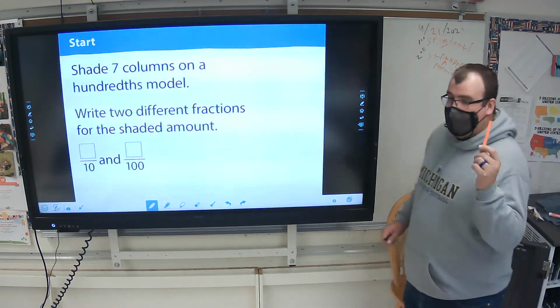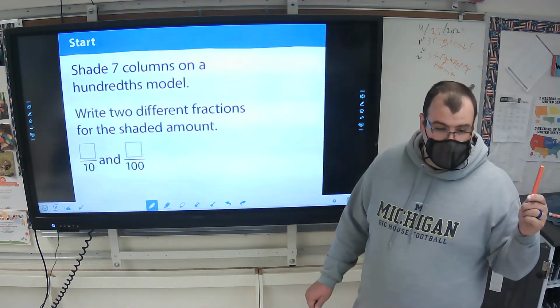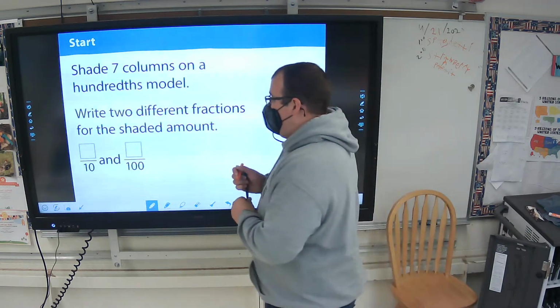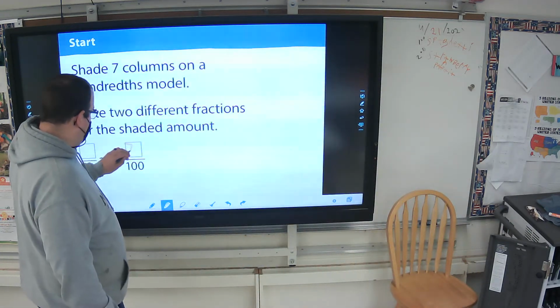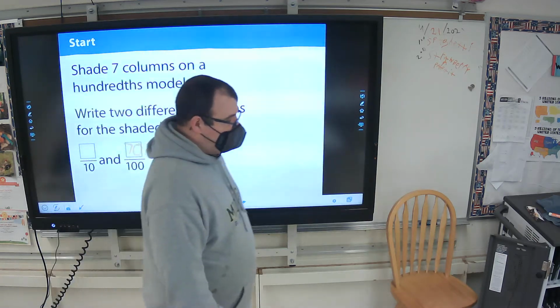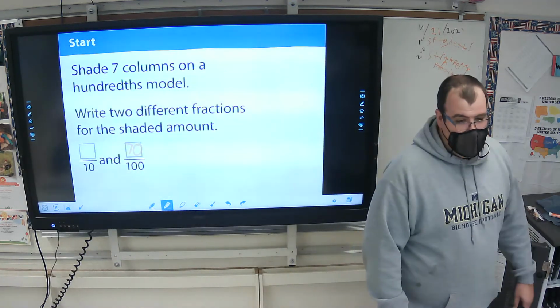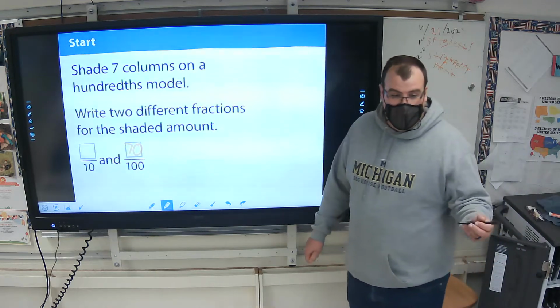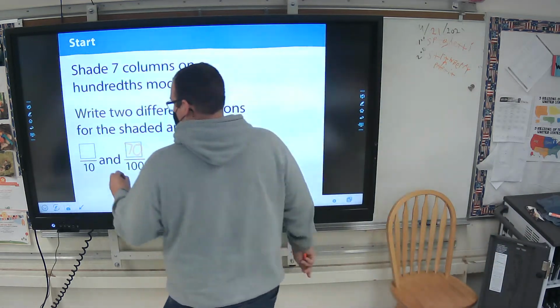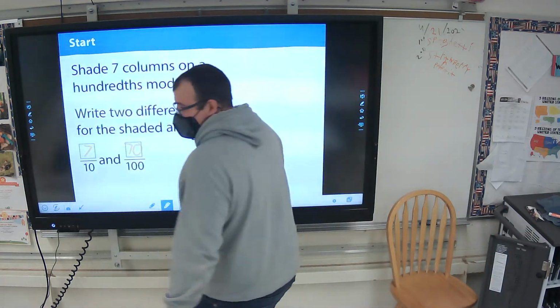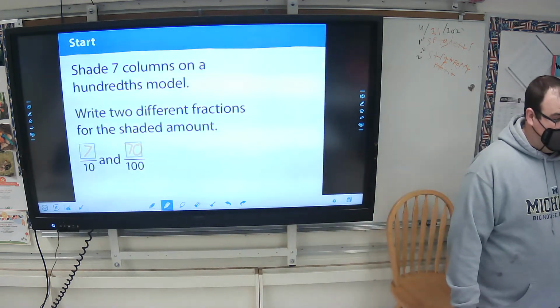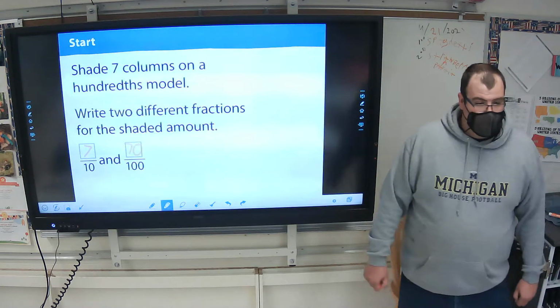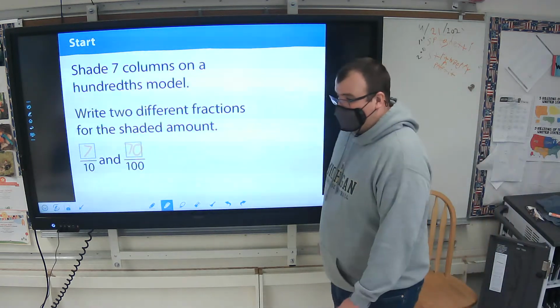If I have 7 of these shaded in, I have 70 out of 100. How many tenths would I have shaded in? 7. I have 7 out of a possible 10. Does that make sense? Any questions? Pretty easy stuff, right?